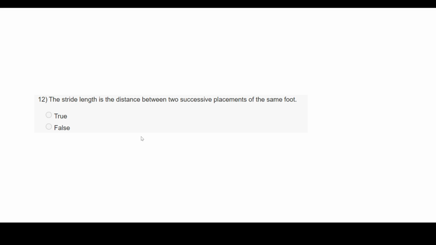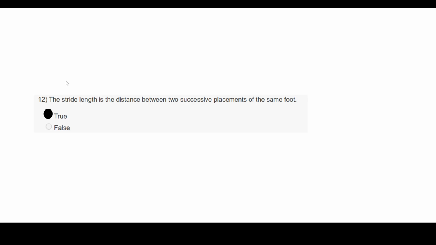The stride length is the distance between two consecutive placements of the same foot. True or false? False. Sorry, this was supposed to be false. No, this is true. It's not false.